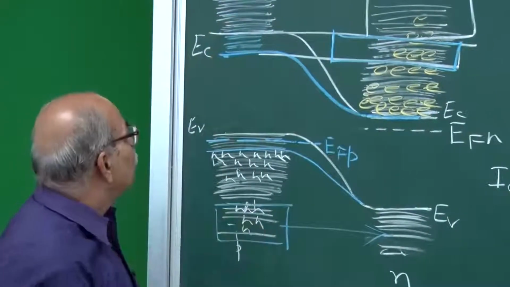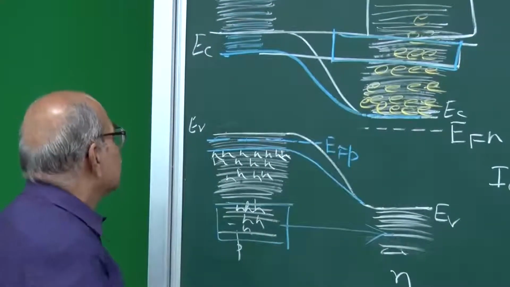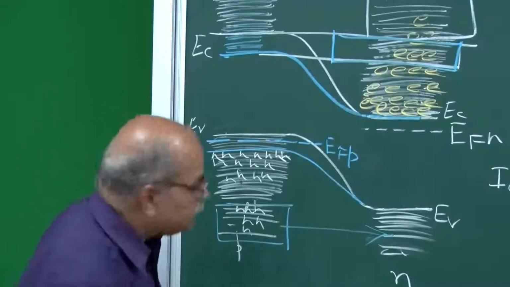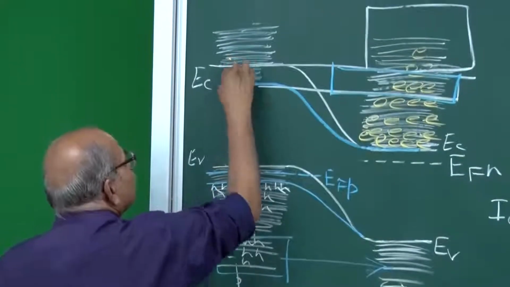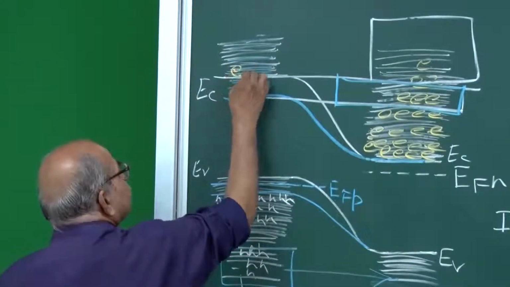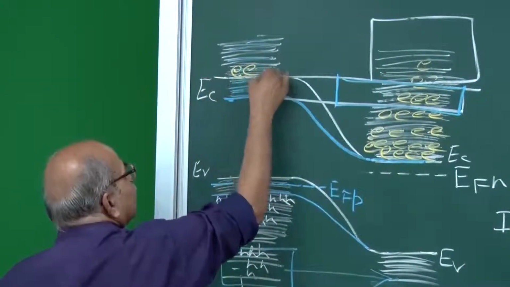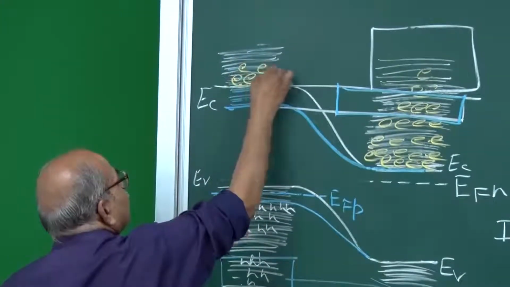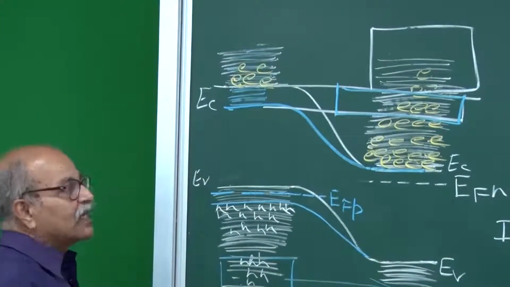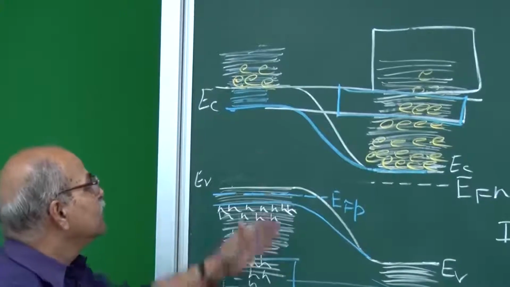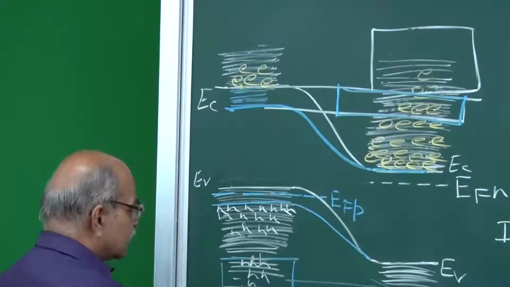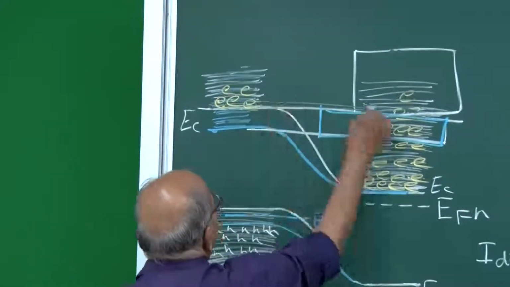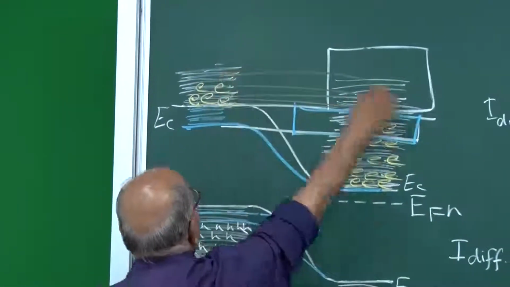So let me draw on this diagram itself. Originally your minority carriers start from here. This was the bottom of the conduction band. These were the minority carriers, and under the electric field they tried to move towards the n side, and successfully they could do that because you had quantum states all over.